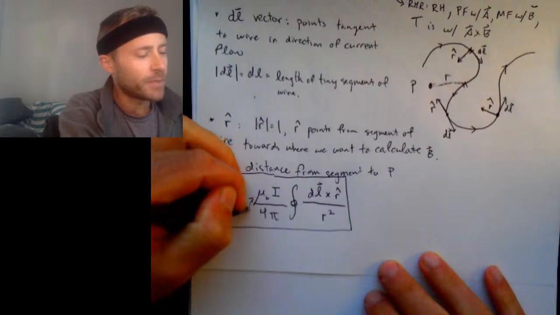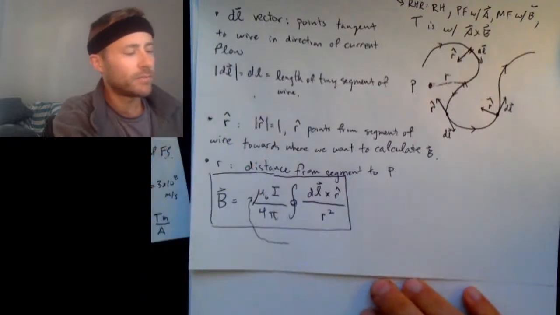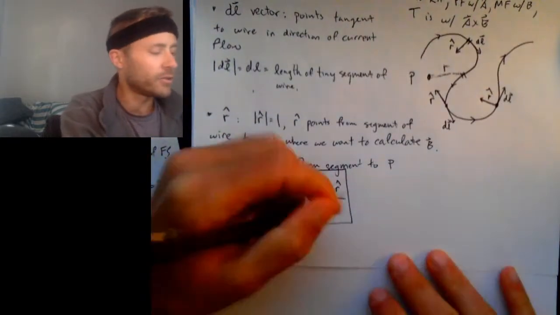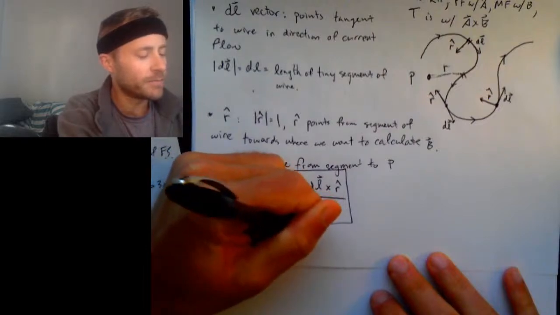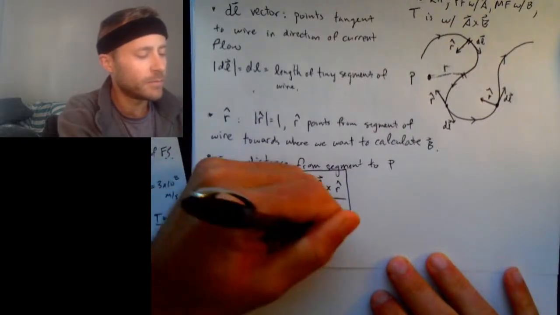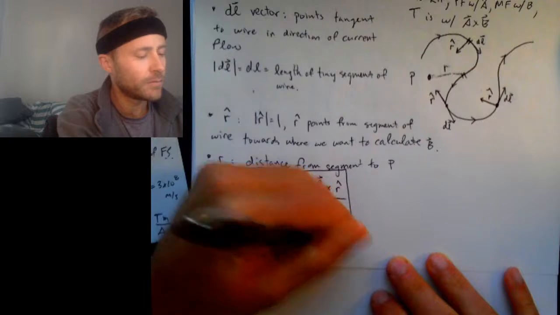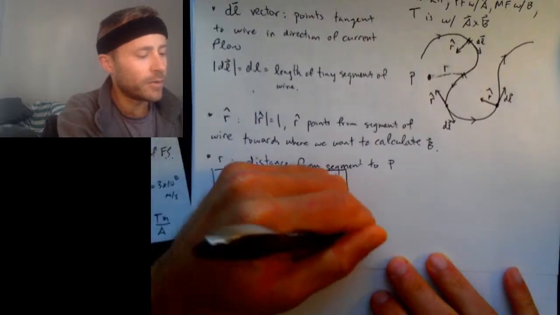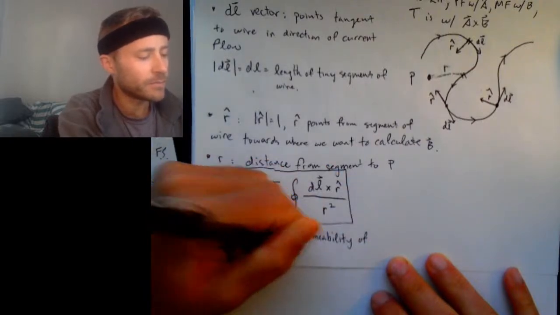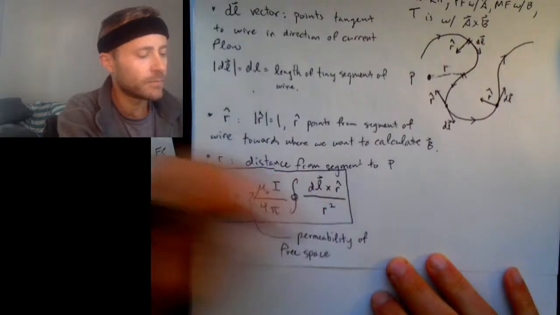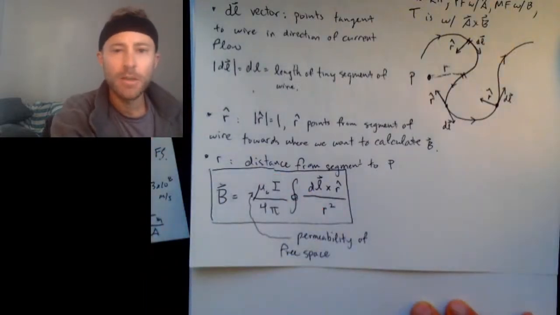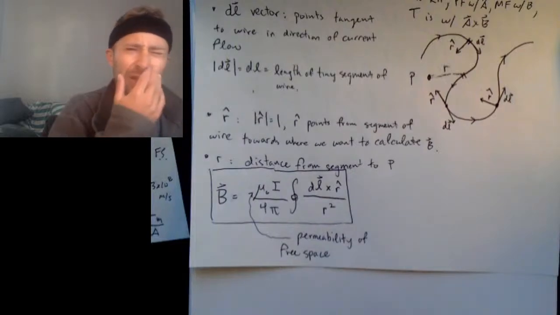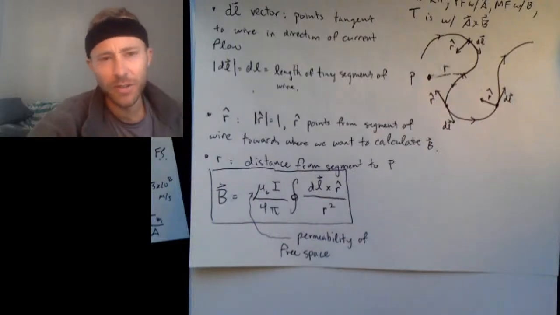All right. Mu naught is a constant, and it is called the permeability of free space. Okay. And it's kind of a constant of nature.